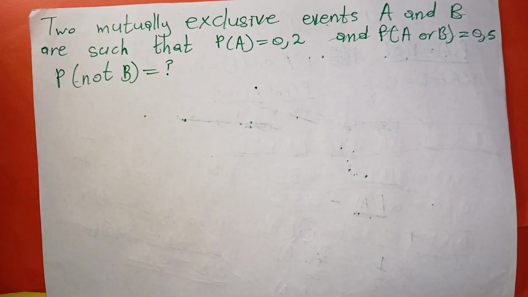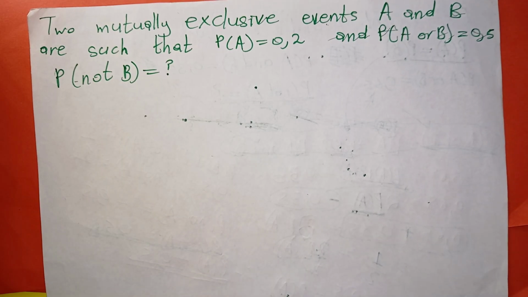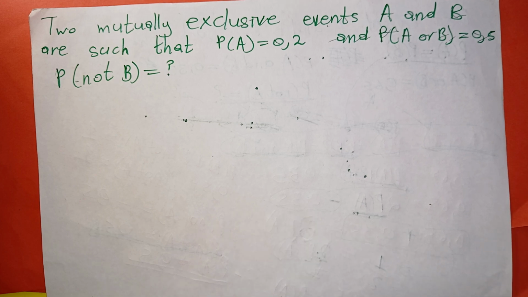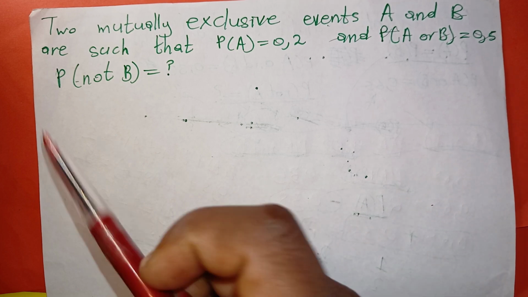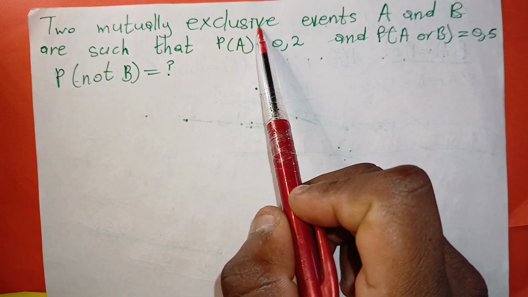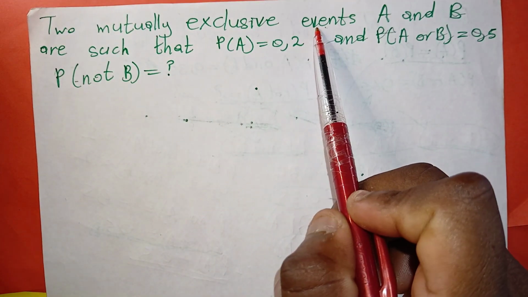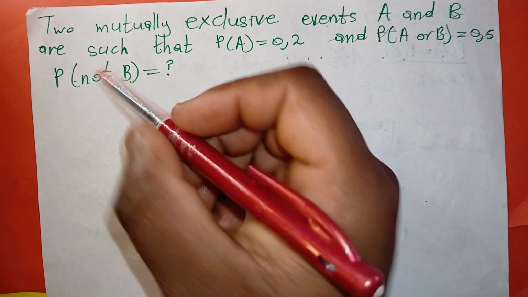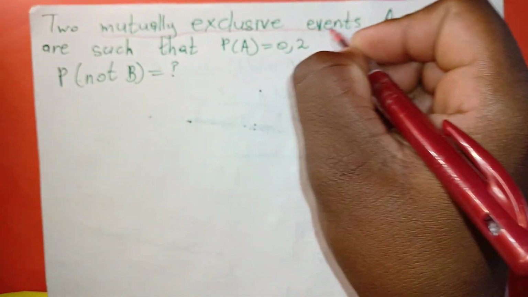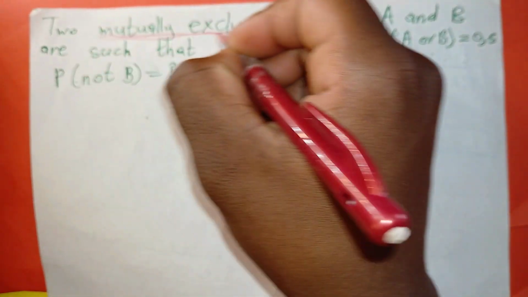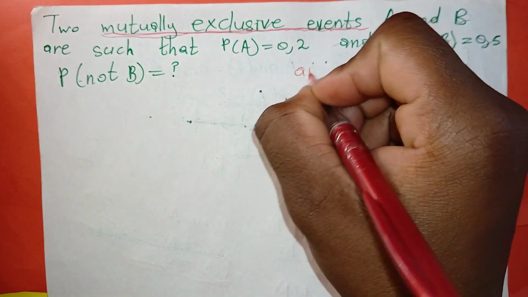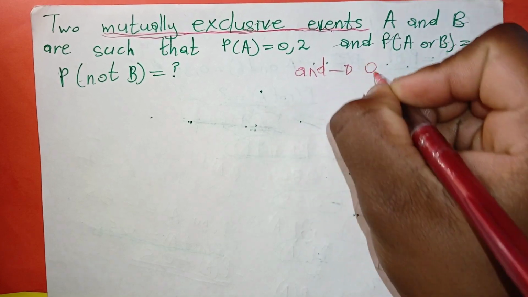Okay, guys, you can see how simple these questions are. We will be applying our general equation, obviously. So two mutually exclusive events, A and B, mutually exclusive. The words mutually exclusive mean that P(A and B) is equal to 0.